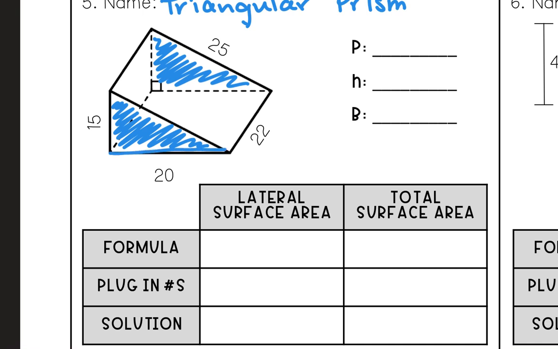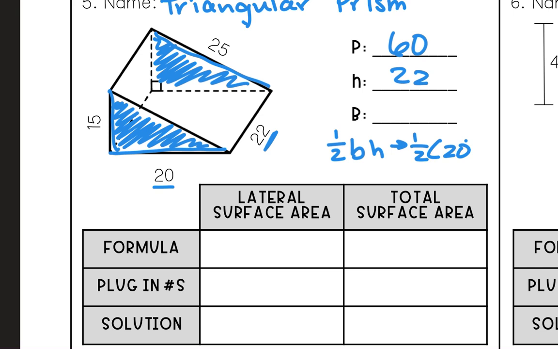So that is 20 plus 25 plus 15, which should give you 60. Your height, you can see right here, is 22. And then your area is still 1/2 base times height. So that is 1/2. Your base here is 20. And then your height is 15. So 1/2, 20 times 15 will give you 150 units squared.